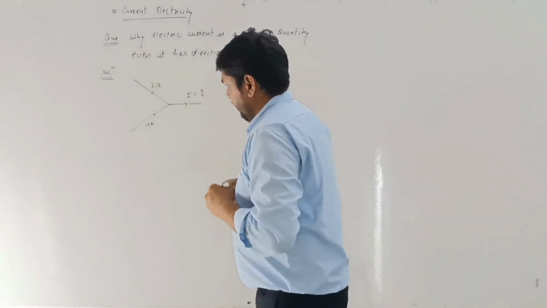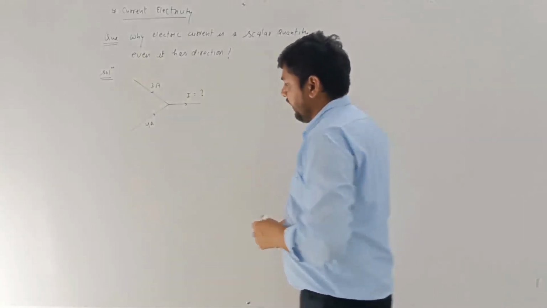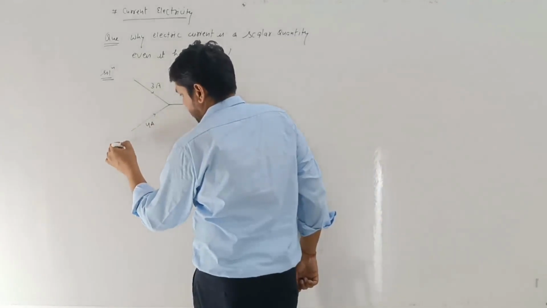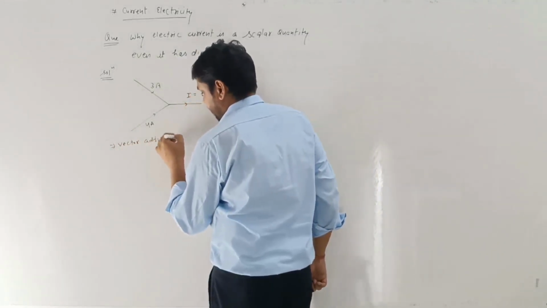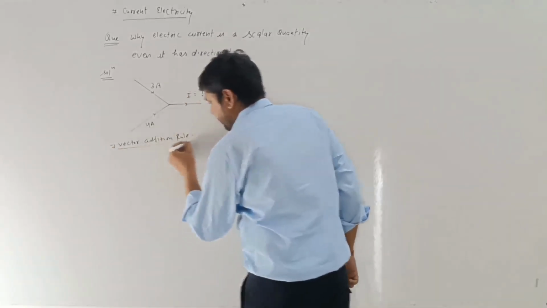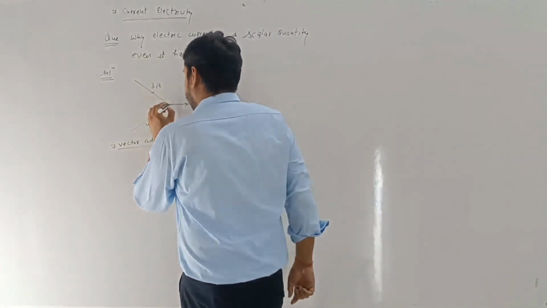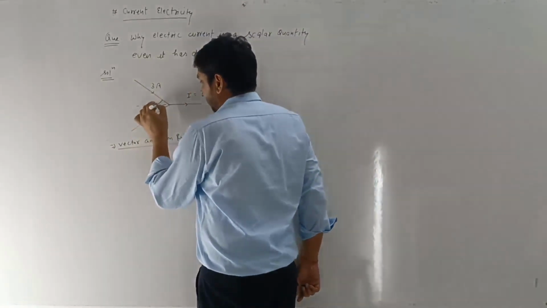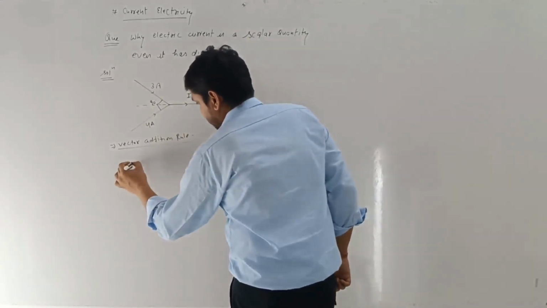Suppose we find the electric current by using the vector addition rule. If these two wires are mutually perpendicular, then what is the value of electric current I?